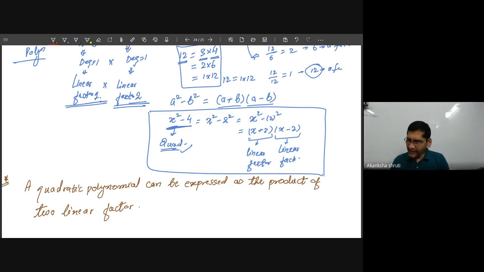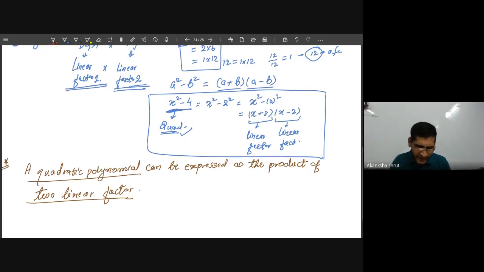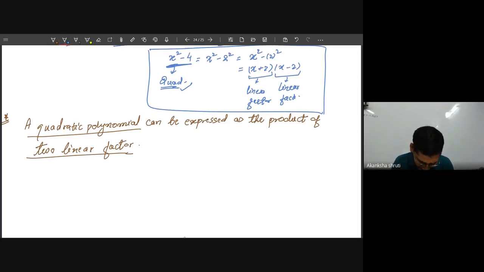Like a number can be written as the product of two other numbers, in a similar way a quadratic polynomial can be equated to the product of two linear factors. It is very important. This is the concept. But how do we get these linear factors? Here, in the example we took, like 4x square minus 81, this is the polynomial p(x).